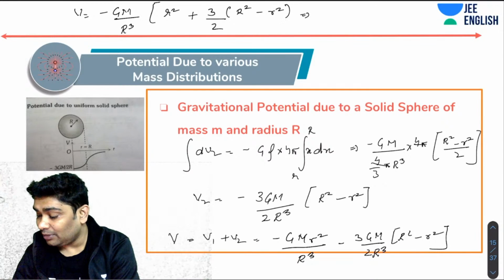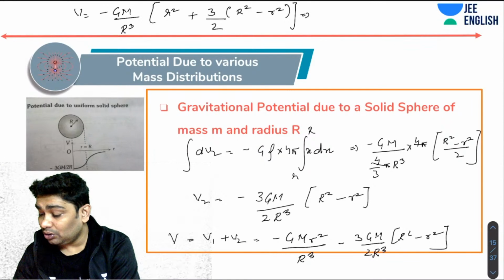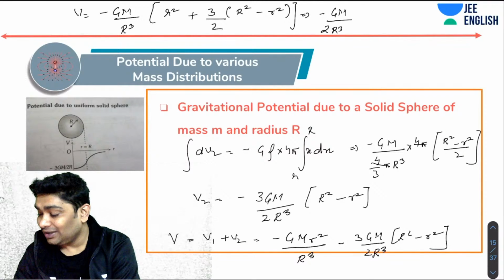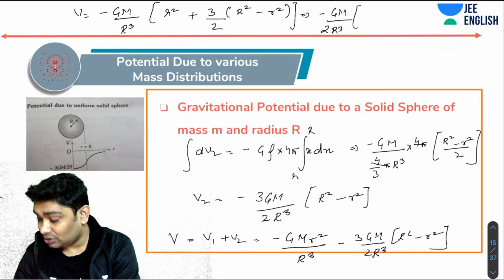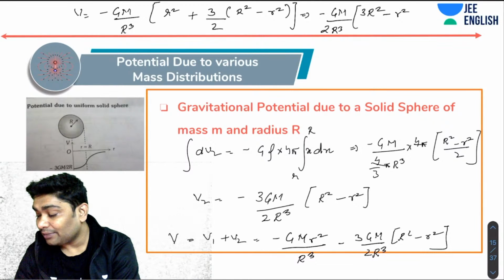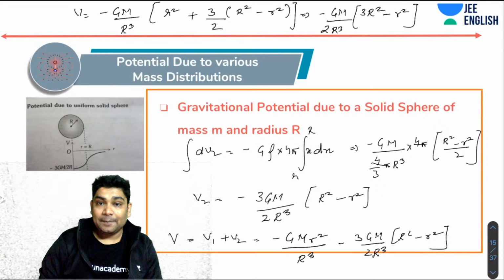So what does that come out to? So that will come out to a minus, I will have G capital M over 2R cube, and inside you will realize you will get 3R square, and then you will have minus r square. You can see that. Okay.